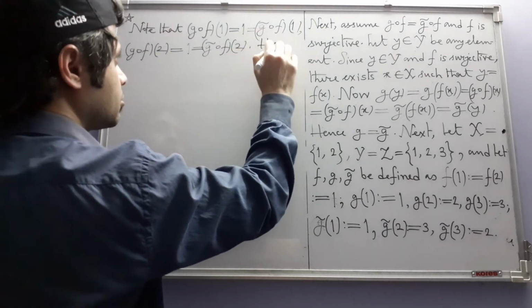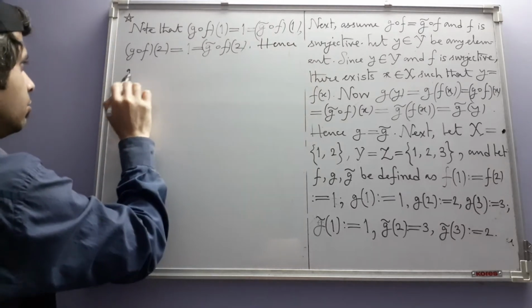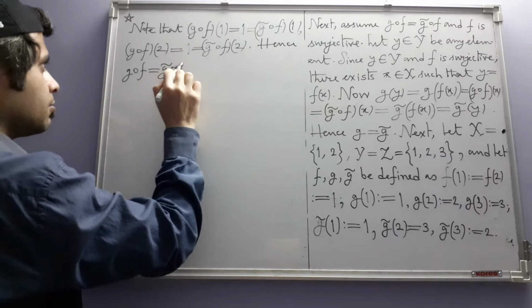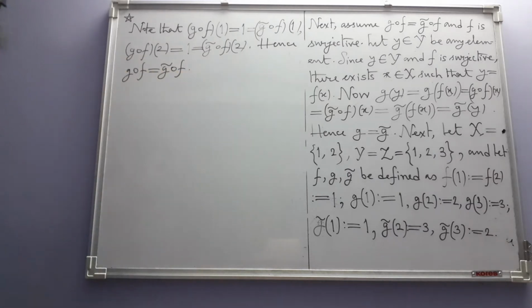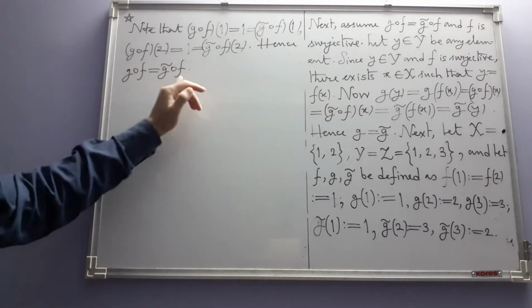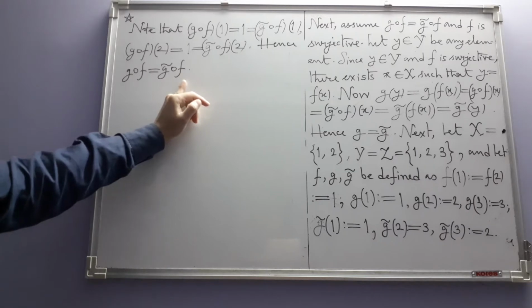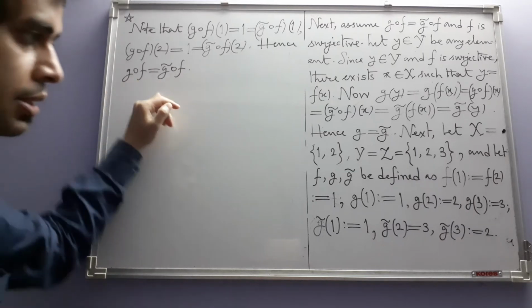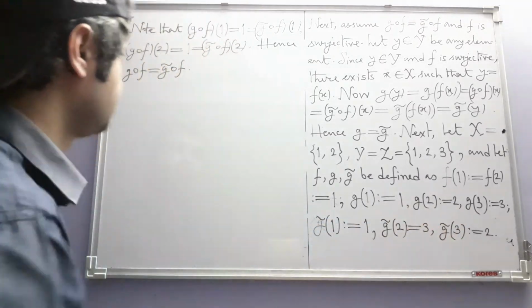Hence, we do have these two compositions as equal. Okay, but can we cancel it from both sides to write g equal to g tilde? We cannot, because g and g tilde are not equal.